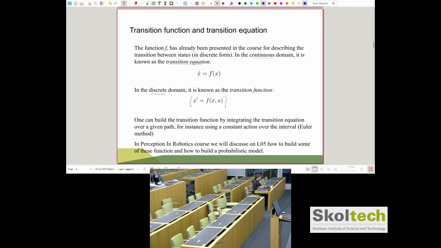You apply an action to a previous state, and the result of applying this action to your system is a new state. I'm just giving another way of thinking about it. For most systems, transition functions come from a physical perspective on a continuous domain, and usually this is after integration of this continuous differential equation.